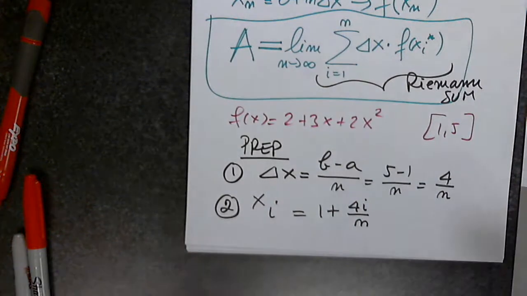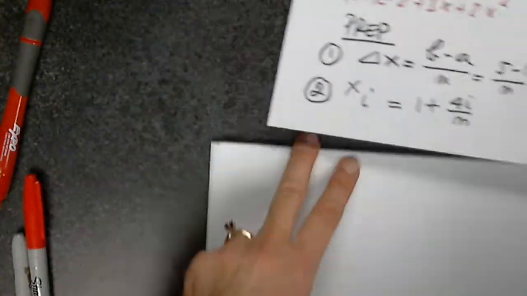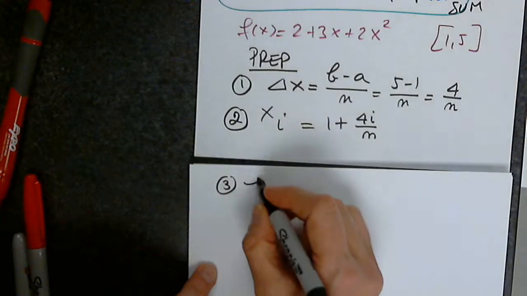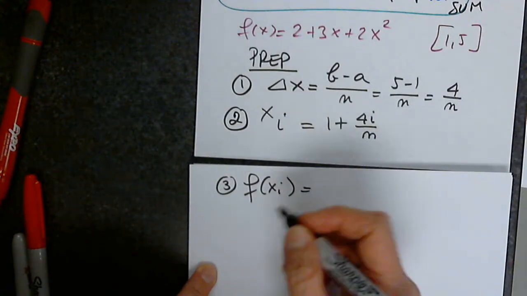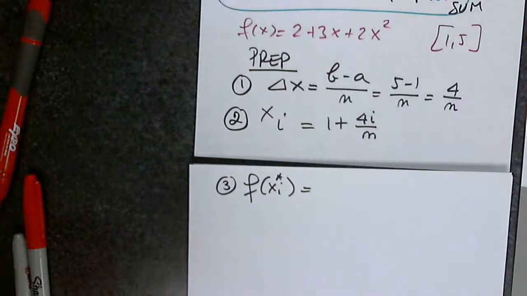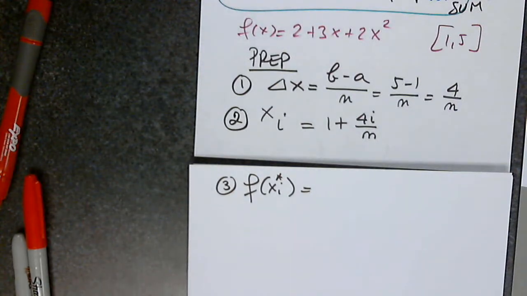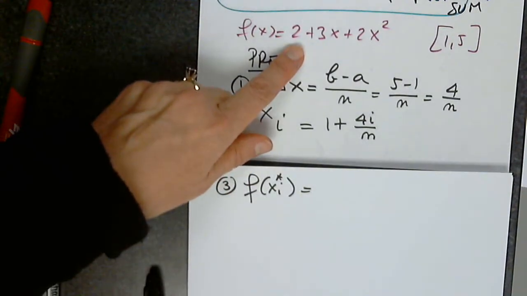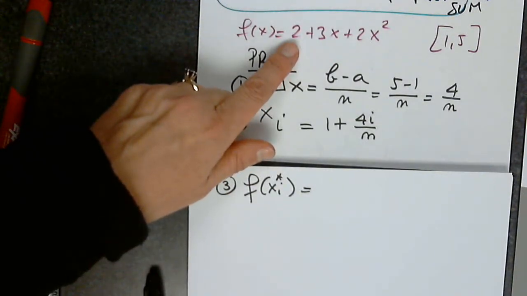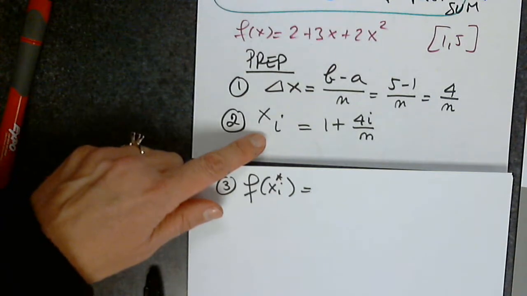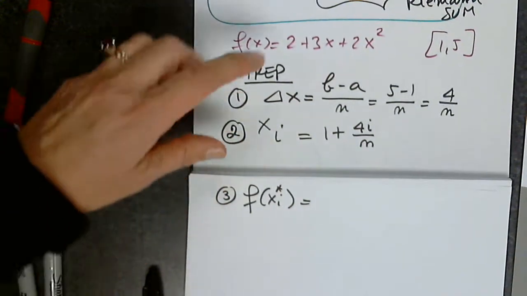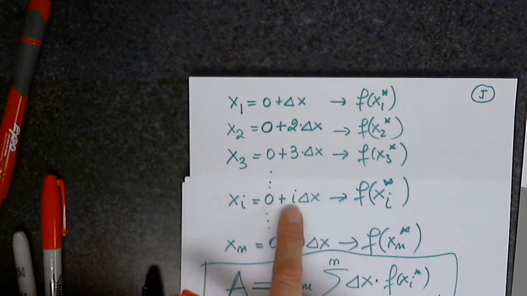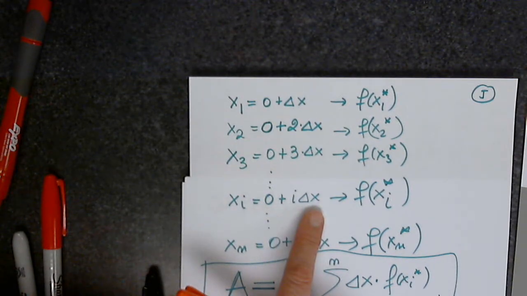Prep number 3. I need f of xi. If you want xi star, same thing. It doesn't matter. I'm looking at my function. This is my f of x. The initial value plus i times delta x.